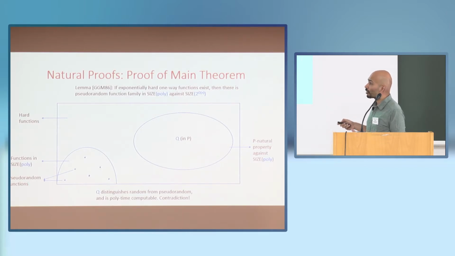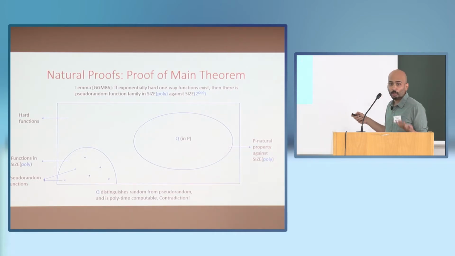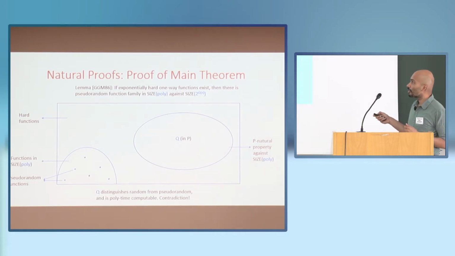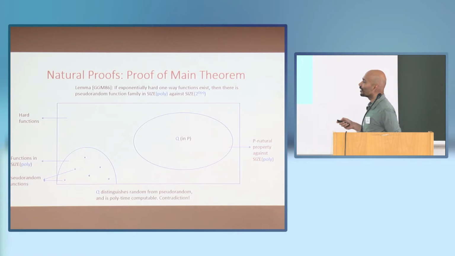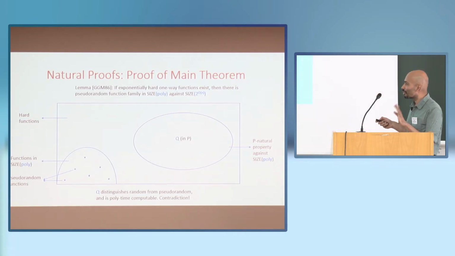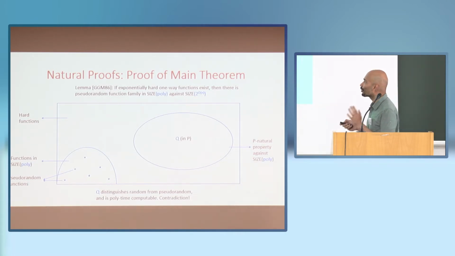It's distinguishing random strings from pseudorandom strings. No pseudorandom string satisfies it, but a random string satisfies it with significant probability, right? So if a natural proof existed, it would break the pseudorandom function generator, and therefore you wouldn't have the security of the exponentially hard one-way function that you assumed. That's a very quick proof by picture, the main technical part of Razborov-Rudich.